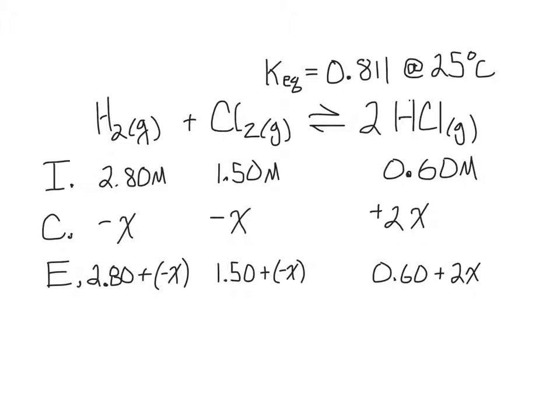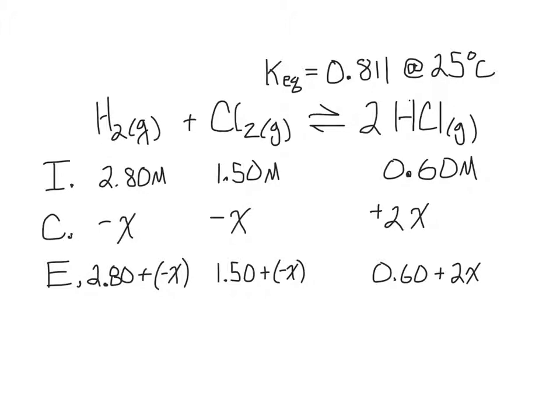The next step is to write the reaction quotient, or the law of mass action. So we need to write the concentration of the products over the reactants raised to their stoichiometric coefficients, and then plug in the expressions we've written for the concentration of those reactants and products at equilibrium.